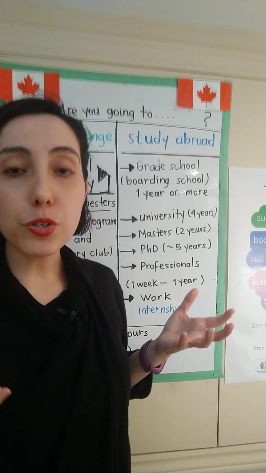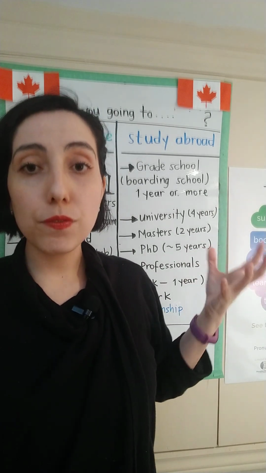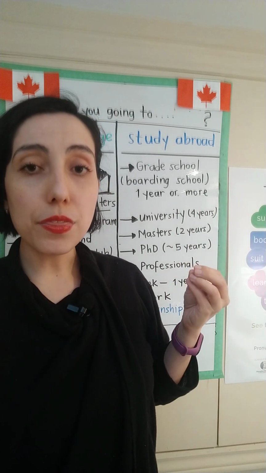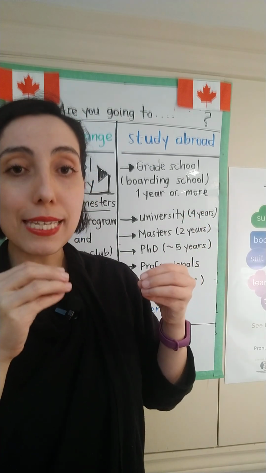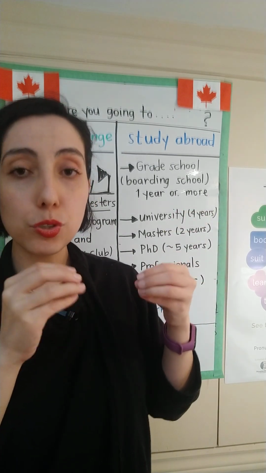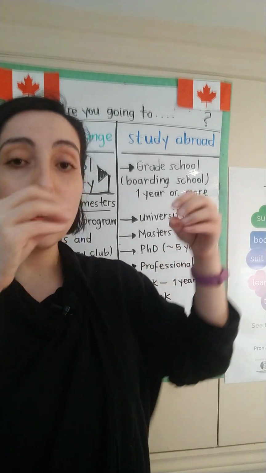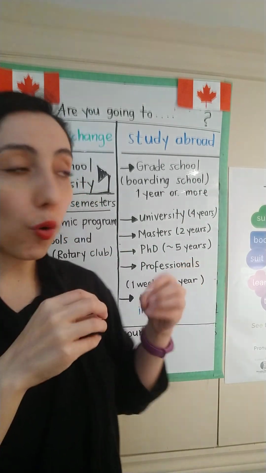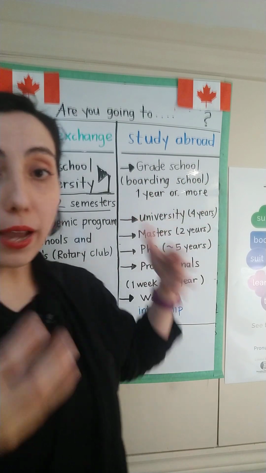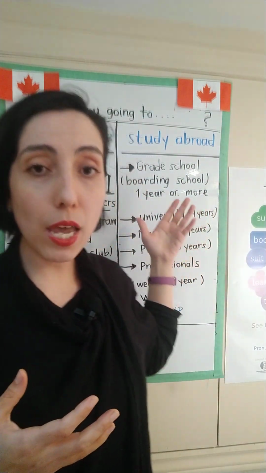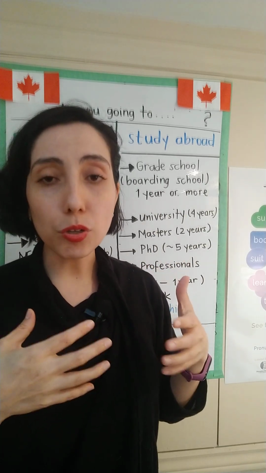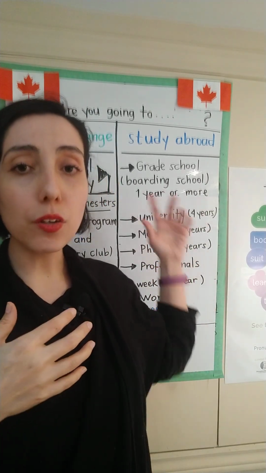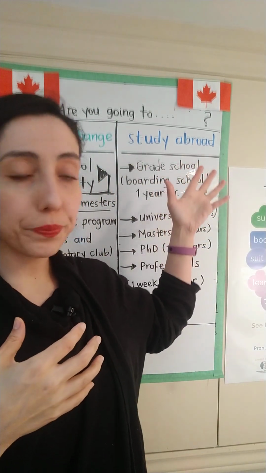Boarding schools are schools that receive international students. They go to study there, and those students live in the school. So students study and live in the school for 1 or more academic years. Students have the opportunity to complete all their high school or all their elementary grades in a boarding school.